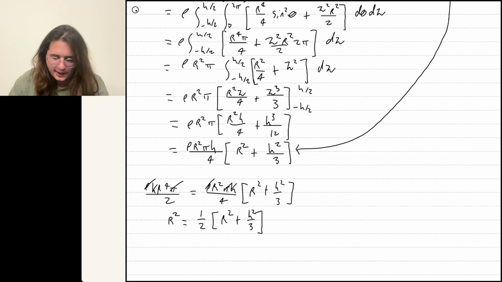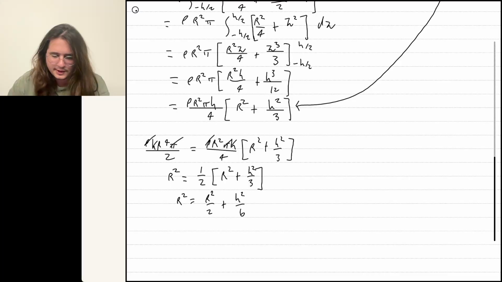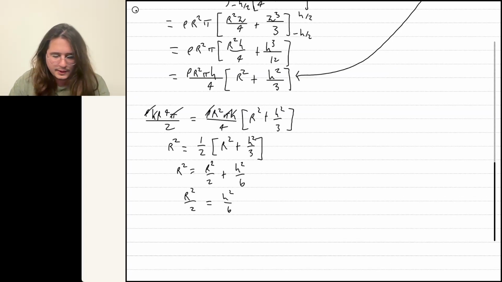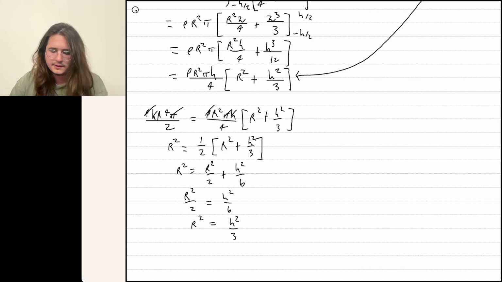Just factor that 1/2 through, so you get r squared over 2 plus h squared over 6, and then subtract both sides by r squared over 2, so you get r squared over 2 equals h squared over 6. And then multiply both sides by 2, so you get r squared equals h squared over 3, and then d, the diameter of the cylinder, is equal to r times 2.